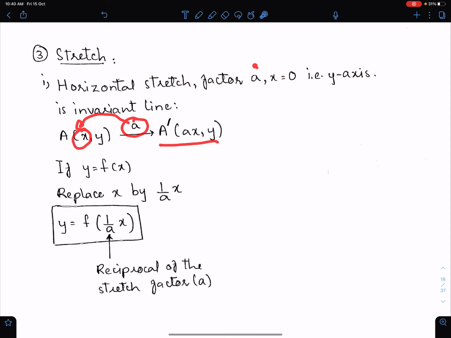But while finding the equation of the resulting graph, we multiply this x with the reciprocal of the stretch factor. I discussed these things in detail in my lecture on stretch and summary of transformations. You should watch my lectures on transformations of functions, especially the summary of transformations of functions, to be good at these concepts and topics.